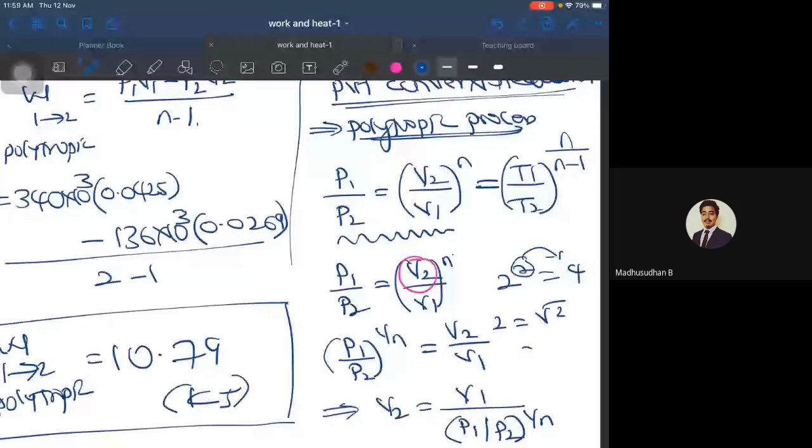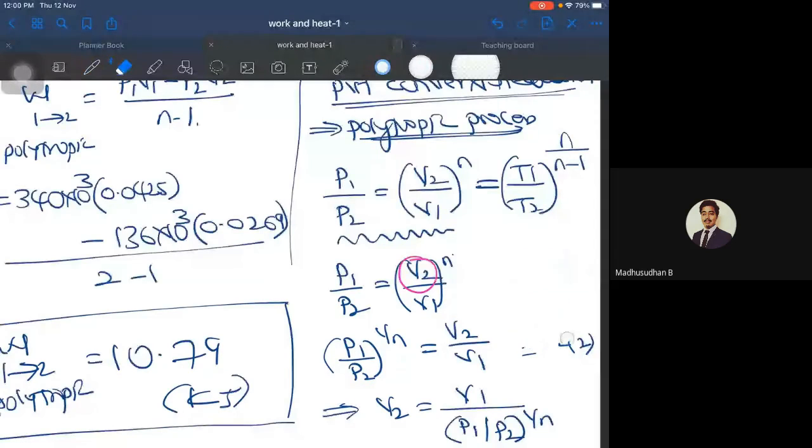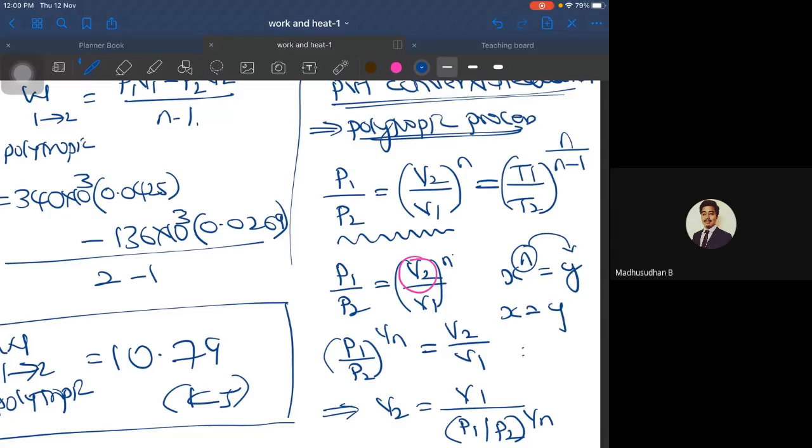That means if there is x to the power of n and there is a y here, and you want to transfer the power to the RHS, it would become y to the power of 1 by n. Similarly, I have done it. Cleared?